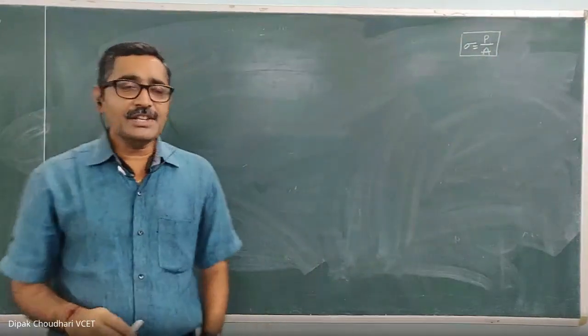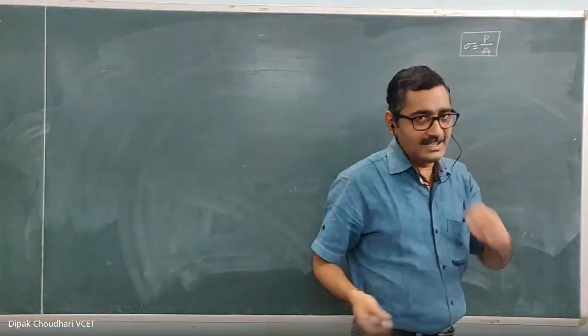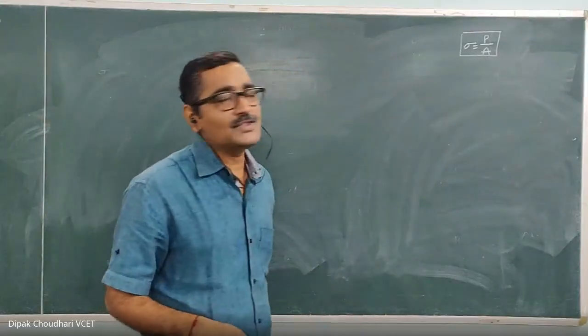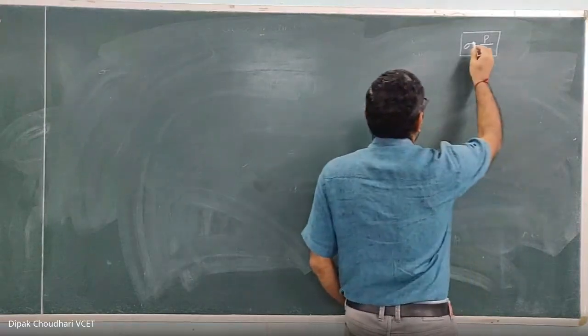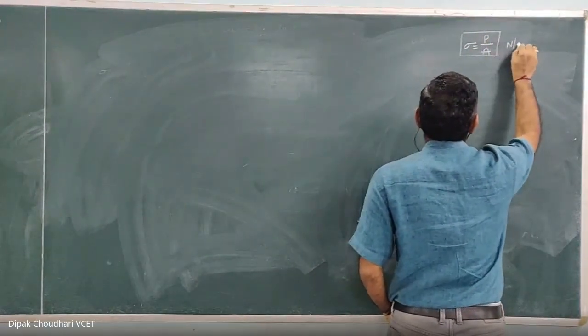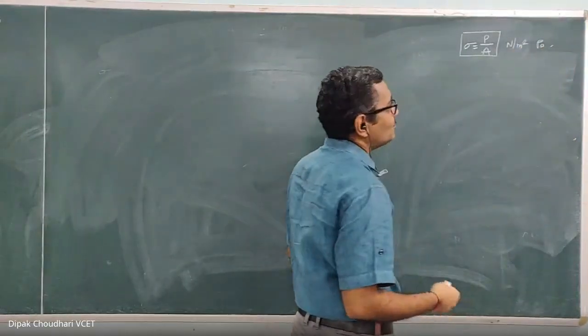If the external applied force is tensile in nature, the stresses are tensile. If the external applied force is compressive, then the induced stresses are compressive in nature. So stress equals P upon A, and the unit is Newton per meter square, or Pascal, megapascal, gigapascal. You know how to convert all these things.